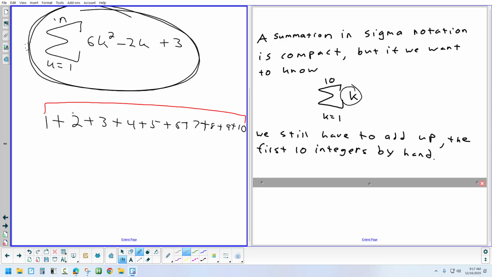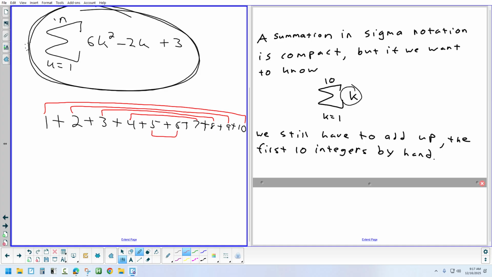And then a 2 and a 9, that's another 11. A 3 and an 8, that's an 11. And then a 4 and a 7, that's an 11. And then a 5 and a 6. So you have 5 pairs of numbers that all add up to 11. So that gives you 55.